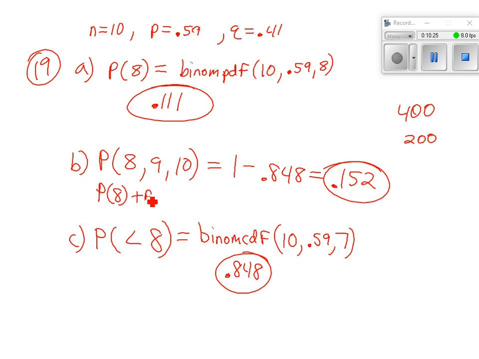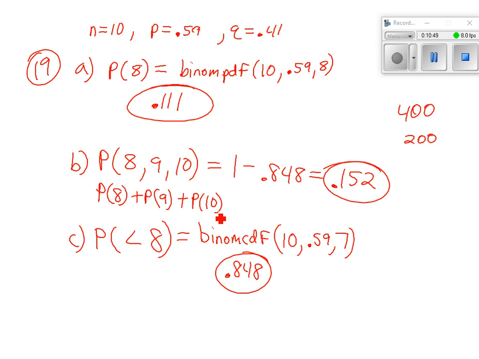On your calculator, you can hit second, enter and just go back up to it. You just change the 8 to a 9, and then do it again, change the 9 to a 10, and add those 3 up. And it should give you that same answer.